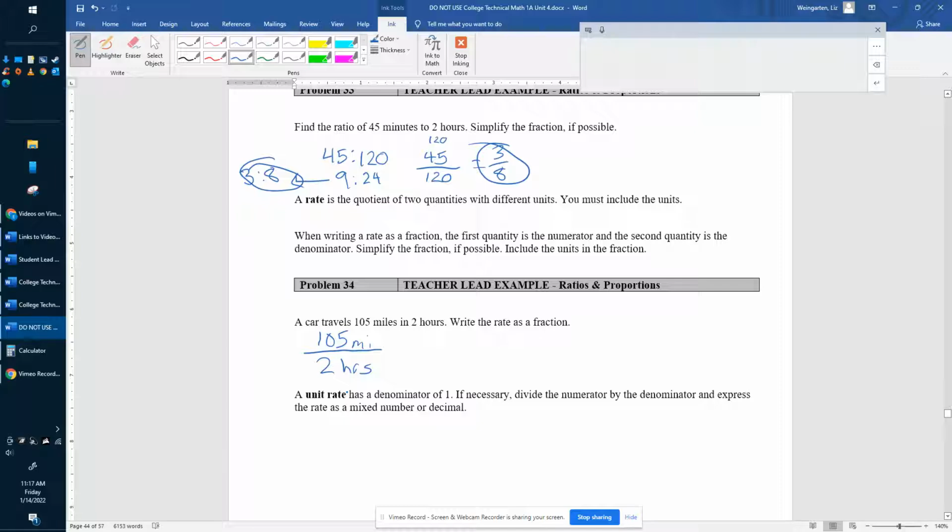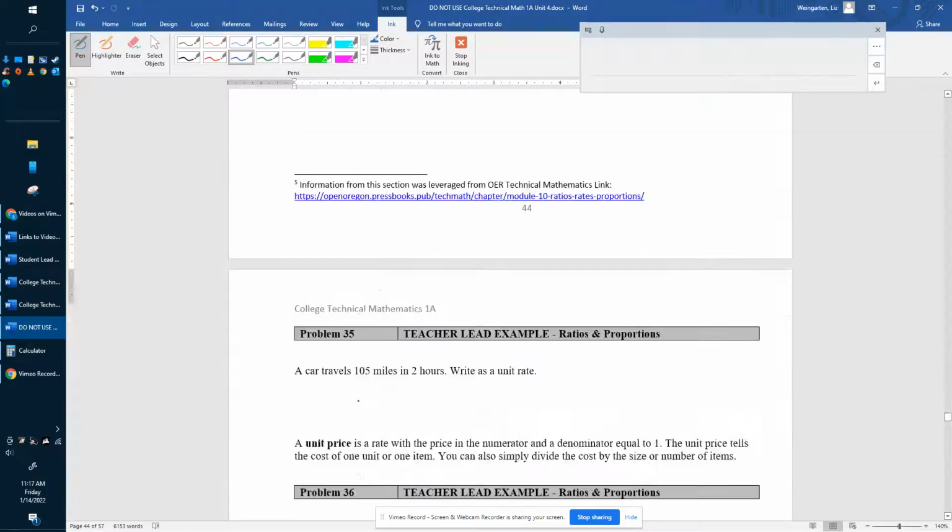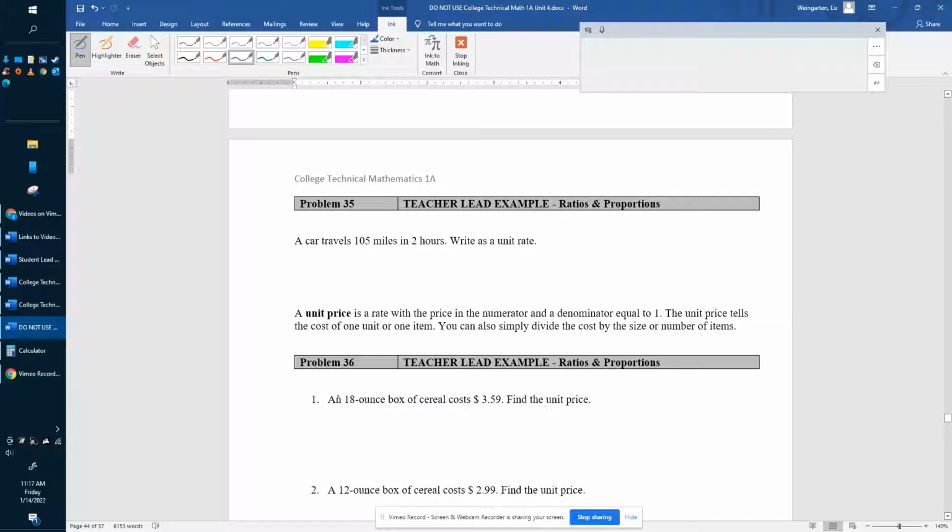A unit rate has a denominator of 1. If necessary, divide the numerator by the denominator and express the rate as a mixed number or decimal. So a car travels 105 miles in 2 hours. Write this as a unit rate. So our regular rate was 105 miles over 2 hours.